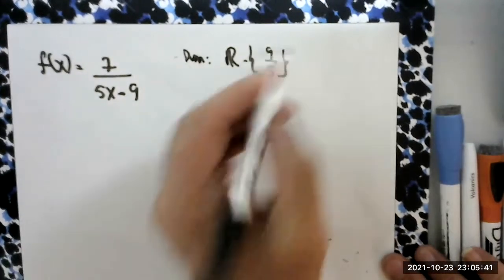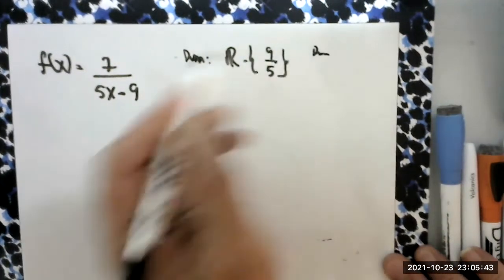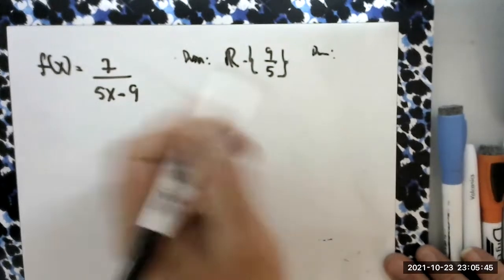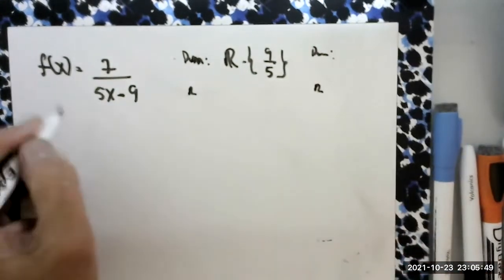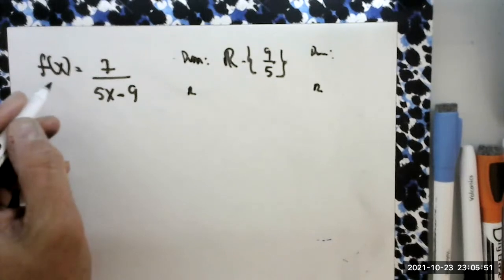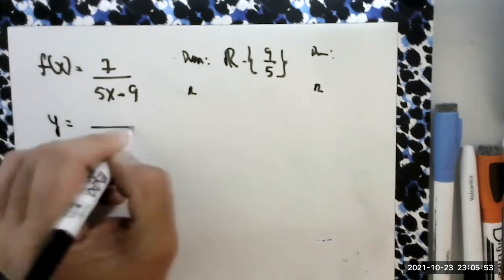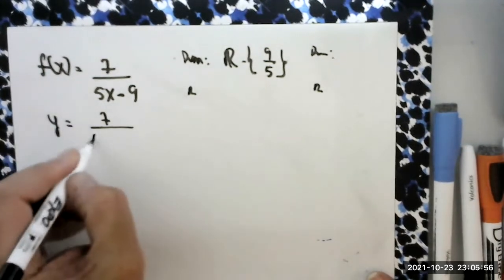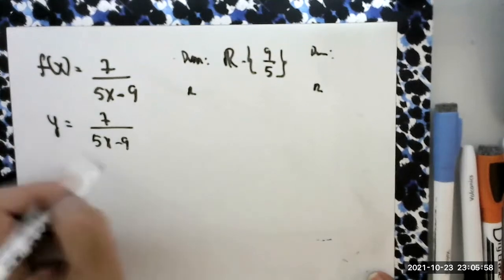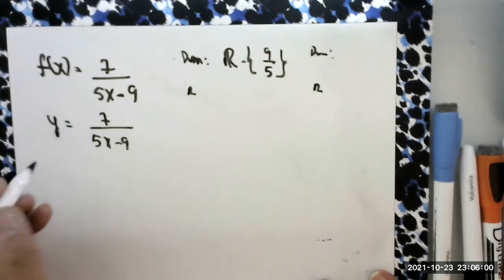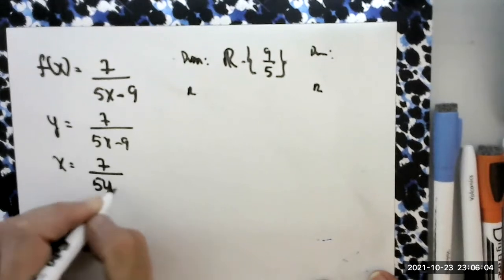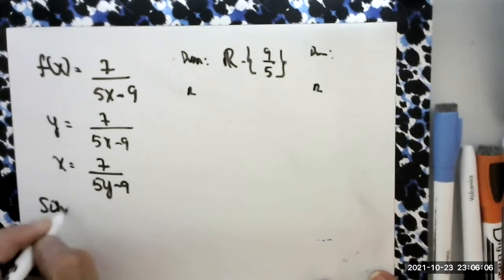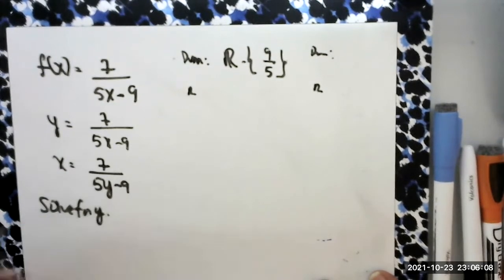Okay, so we already have that. So we need to find the domain of the inverse and both ranges. So stay tuned. Same old, y equals 7 over 5x minus 9. Interchange x and y: x equals 7 over 5y minus 9, and we need to solve for y.